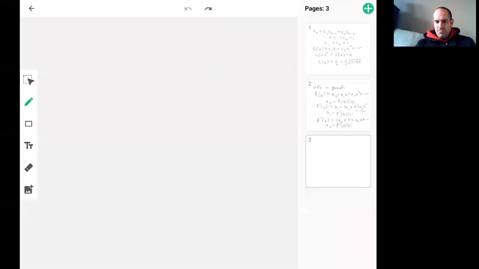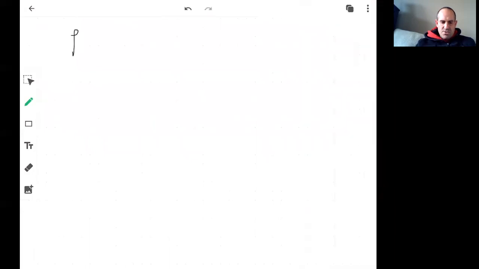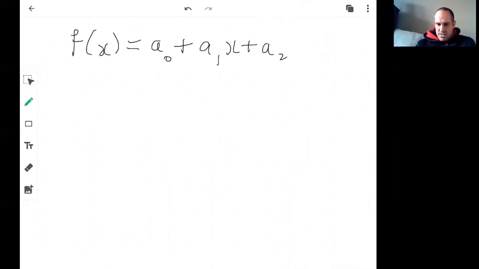Okay, so let's go to the next one. If I want to write f of x equal to a0 plus a1x plus a2 x squared plus etc., then a_n, this is a pretty famous formula for the so-called Maclaurin series representation of the function f, which is just the Taylor series centered at 0.